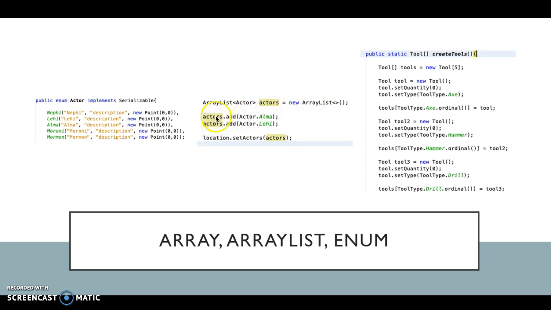Then I use the add method that pertains to the array list class, and I add an object, in this case an actor. So I'm adding 2 actors, and then I have a location, and the location has a method called setActors, and I'm getting the list and putting it into the location variable.